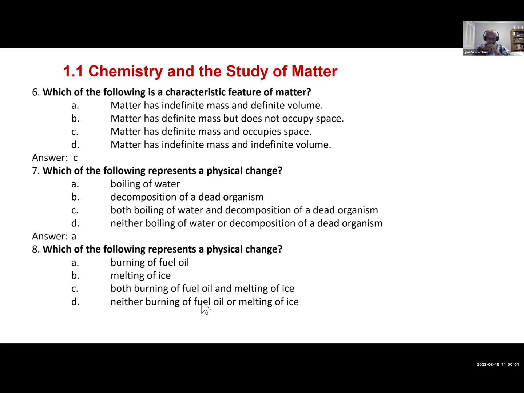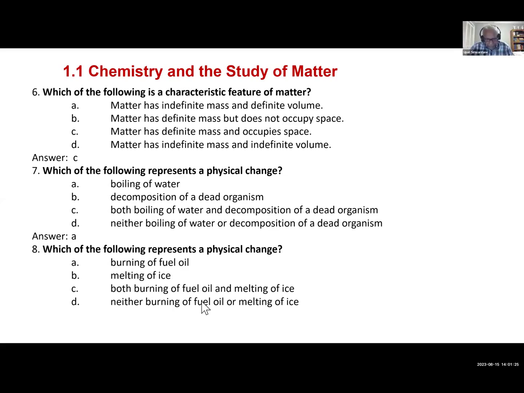Okay, neither burning or melting is a physical change. But that contradicts that fuel oil burning is chemical change, right? Right. So in logic, if you have and clauses, both have to be true.